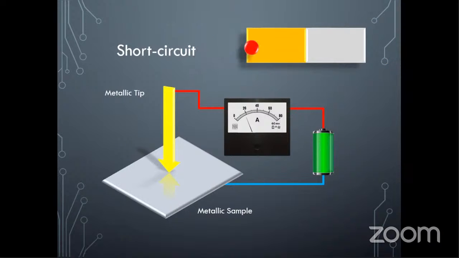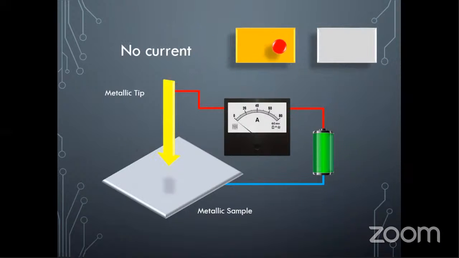Now one can push the metallic tip away from your metallic sample, and in that case, if you apply a voltage, you won't see a current because they are away from each other.